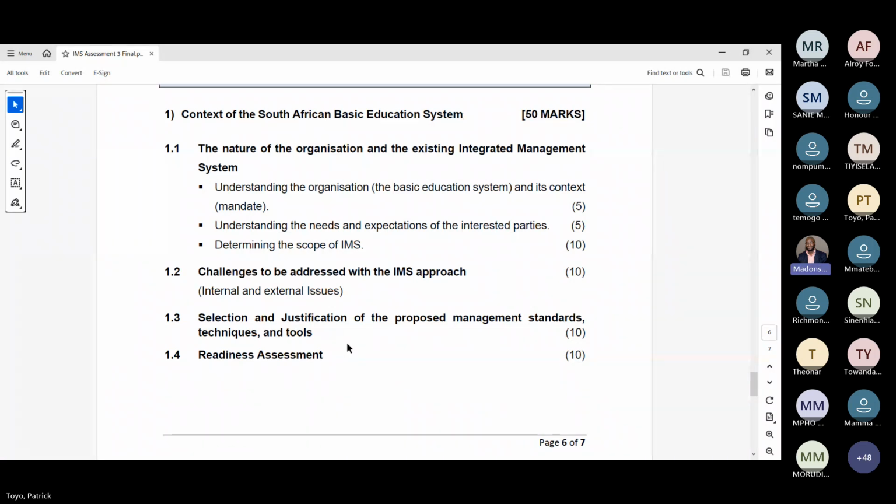Say that currently, after our critical analysis of this case study and other similar cases, these are the gaps. And also, when understanding the needs and expectations, if those needs and expectations are not met, then our scope for implementing the IMS within this sector should also address these unmet needs and expectations.